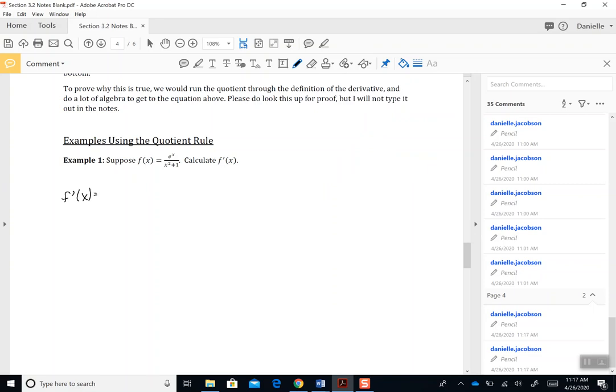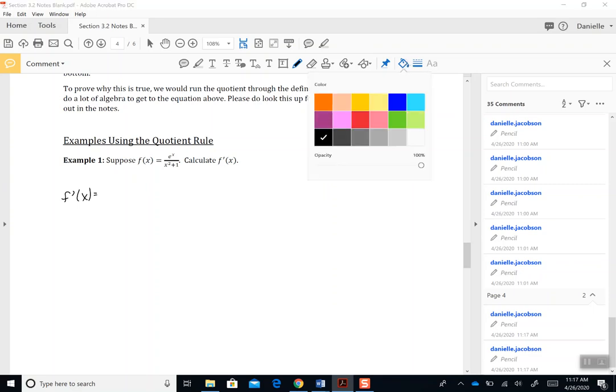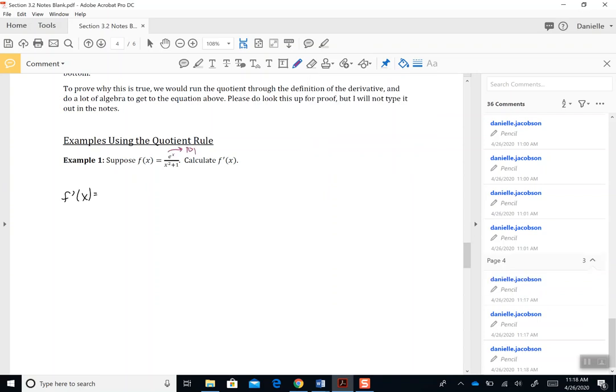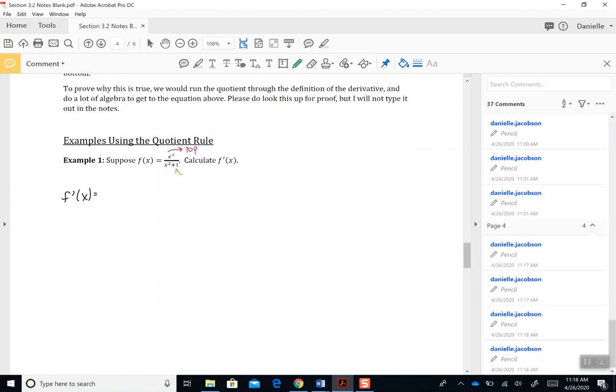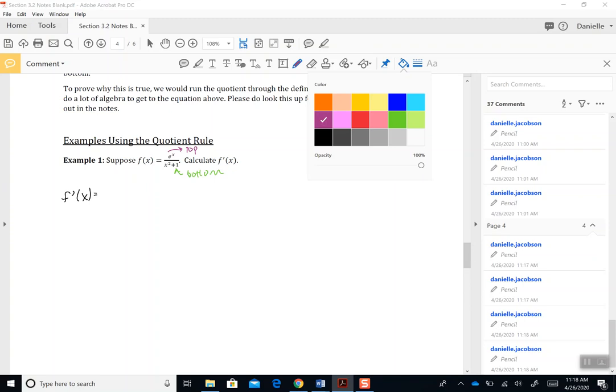All right, so I have f prime of x equals, and I want to use the quotient rule, so I'm going to take the derivative of the top. My top function, just write this as top, is e to the x. It's a really informal way of saying it, but sometimes it's helpful to think of it in layman's terms. My bottom function is x squared plus 1.